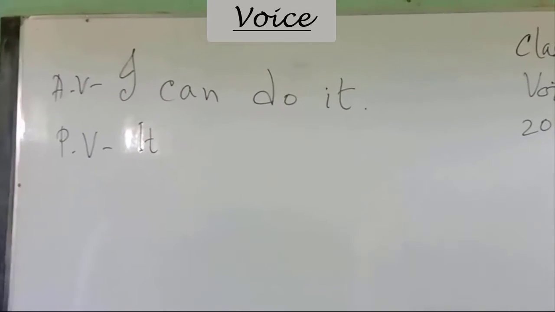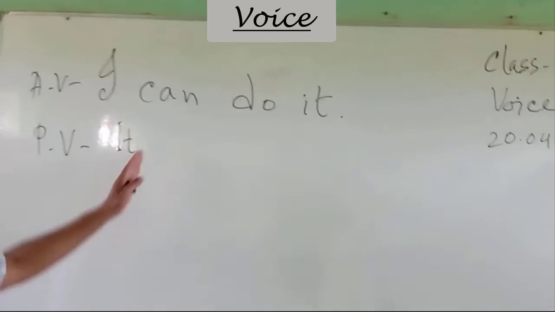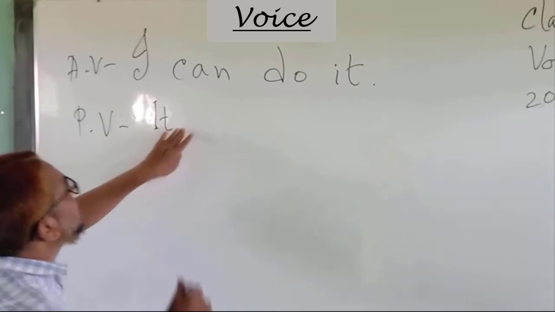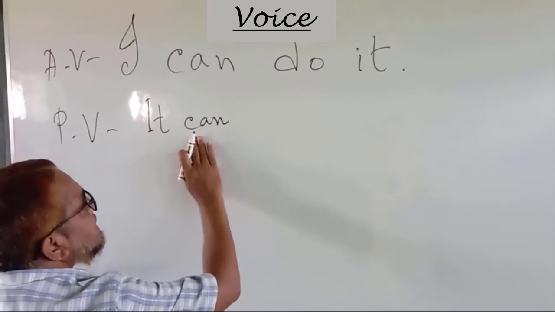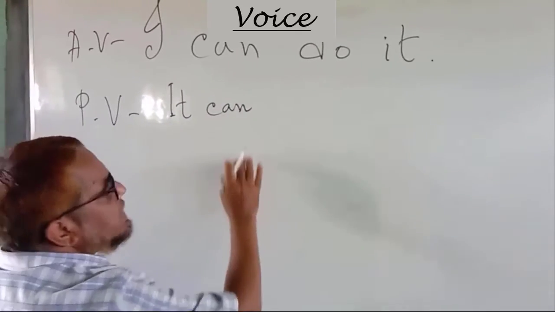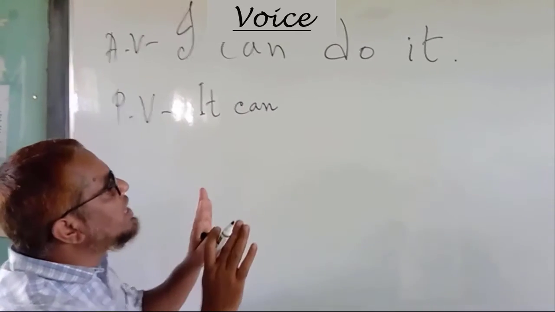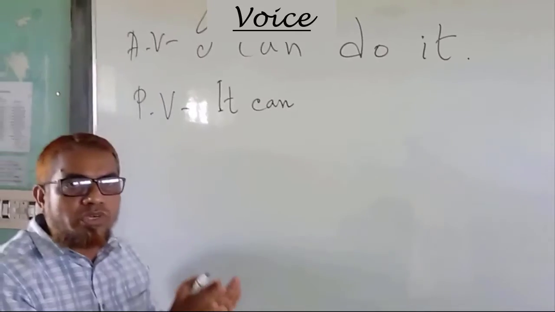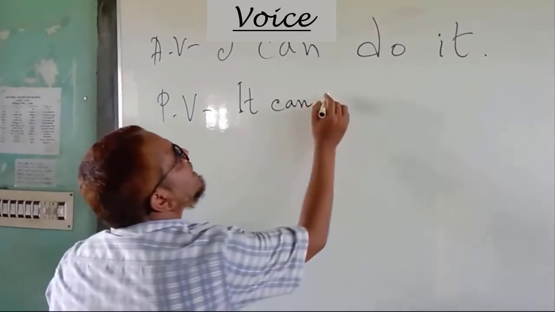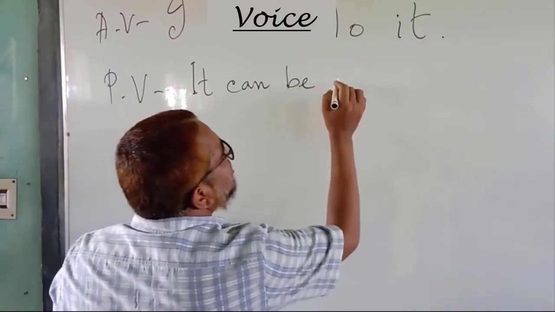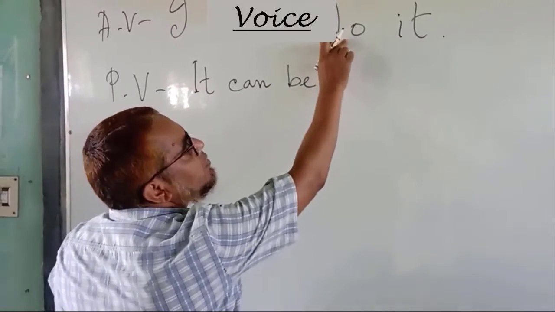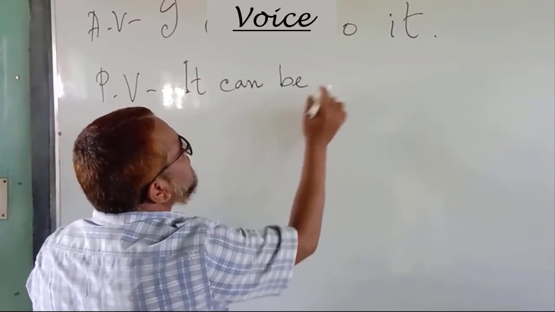Modal verb is one kind of auxiliary verb, so it will be put here. It can. And after any modal verb, we should put be. It can be. Then the past participle of the principal verb do: It can be done.